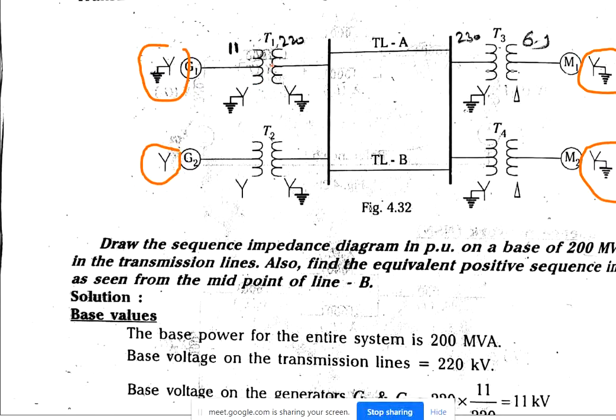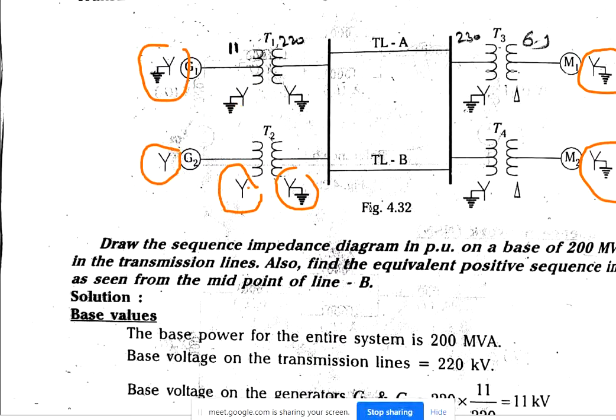And here you see for transformer T1, both the primary and secondary are connected through a ground. And for transformer 2, the primary side is ungrounded, and the secondary side is grounded. So here both the series switches should be closed and the shunt switches should be open.